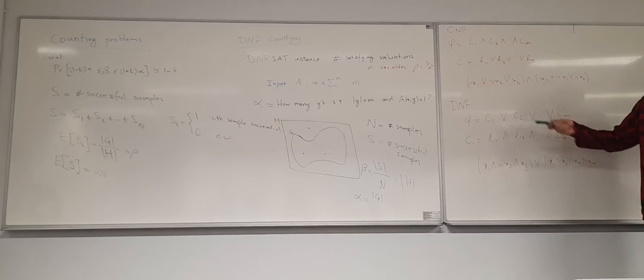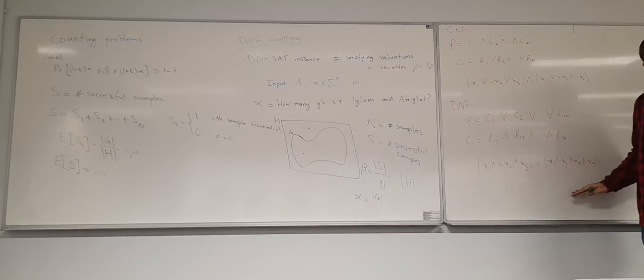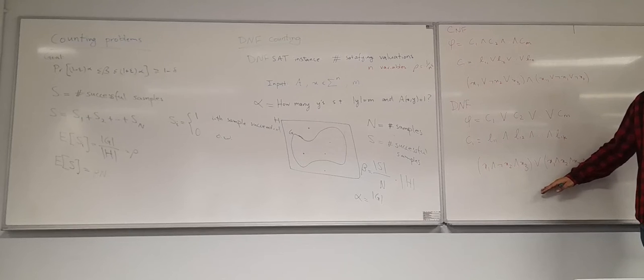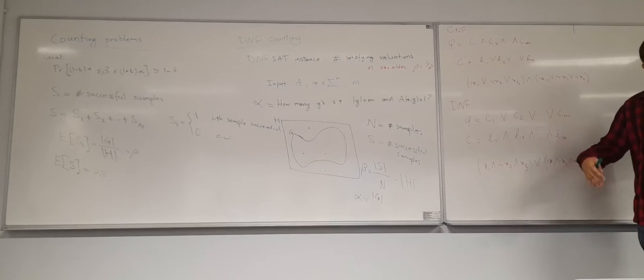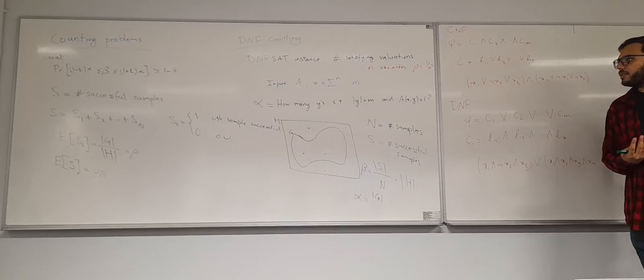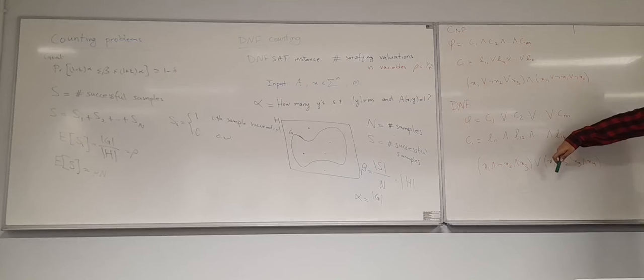So when I have a DNF formula, either all of my clauses are unsatisfiable, or if even one of them is satisfiable, then the whole formula is satisfiable. So the decision problem for SAT in DNF is actually polynomial time, and it's super easy. So what does this show us? It shows us that the conversion from CNF to DNF has to be hard.